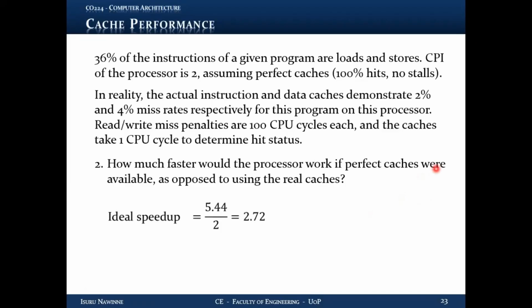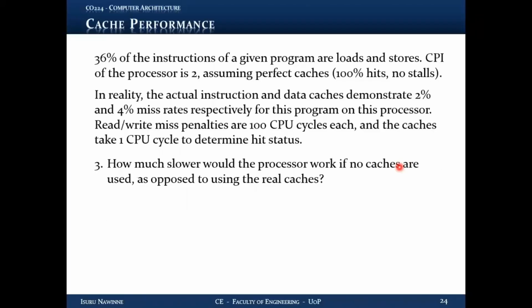So the speed up is 5.44 divided by 2, which is 2.72, right? So if you have these magic caches, you can speed up your processor by a factor of 2.72 times, right?